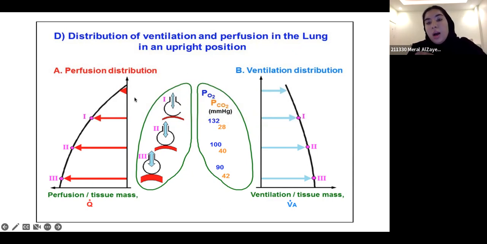So that's why we have high PO2 and low PCO2. And in a low VQ ratio, it indicates the opposite, where we have low PO2 and high PCO2. Okay, is that clear?